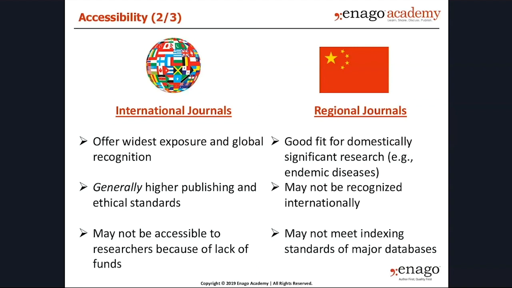Similarly, some regional journals will accept papers from anywhere in the world about anything with relevance on a global scale. They just happen to be based in a particular region, and their name may reflect that purely because that's where they're based, not because that's what the research represents. On the other hand, they may only accept papers from a particular region or with relevance to that region. So again, that's something else to consider.